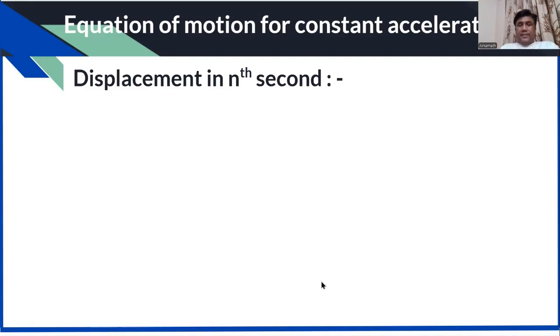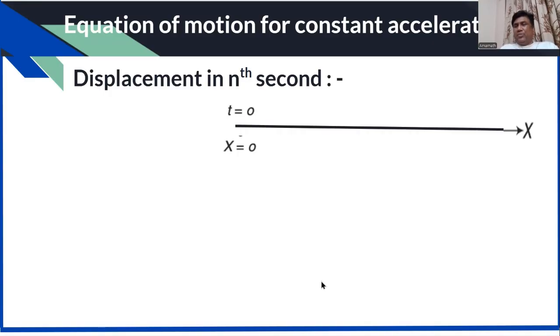So say this is the x-axis, and at t equals 0 I am here at x equals 0 only. I will start my journey, my initial velocity is, say, u, and at t equals n seconds I move to this position. It means the displacement made by me is this much in n seconds.